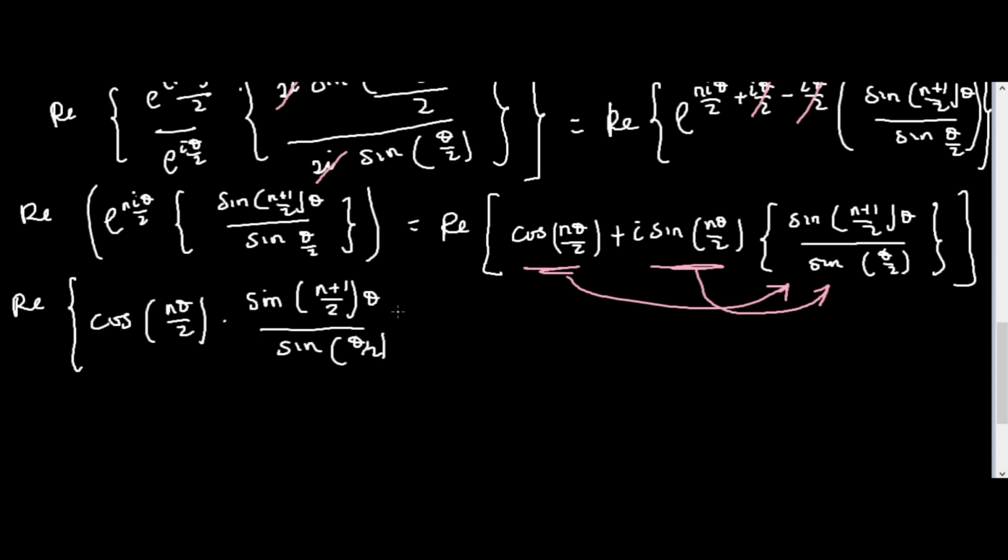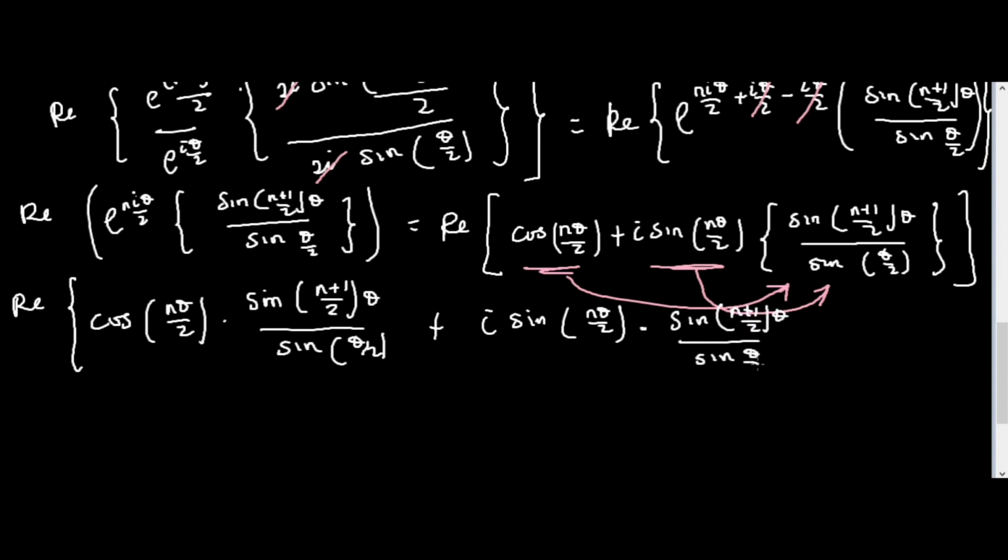Is that fine? Plus i sine, I'm talking about the second multiplication now, n theta over 2, times the whole of sine of (n plus 1) over 2 theta, over sine of theta over 2.